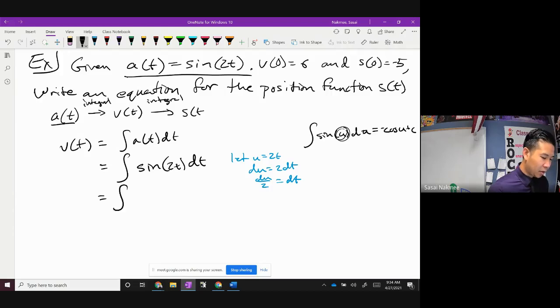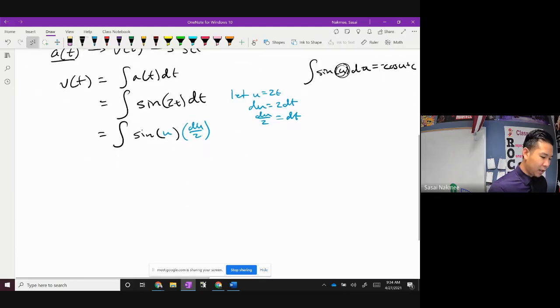I'm going to have here the integral of sine of u times du over 2. So when you integrate this, I end up getting my new velocity function. I'm going to take that 1/2 out front. You guys okay if I shortcut this? I'll show my work.